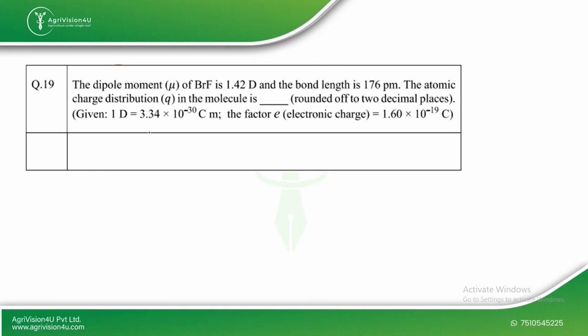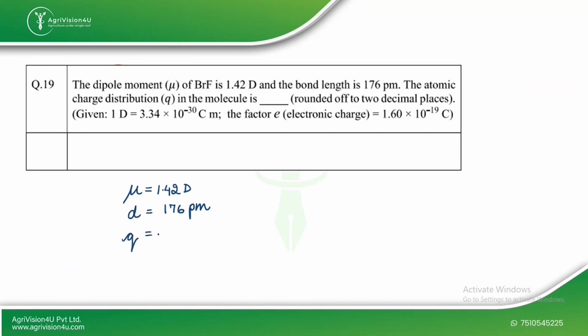The next question is the dipole moment of BrF2. The mu is given as 1.42 D. The bond length, that is the distance, is 176 picometer. The atomic charge distribution Q of the molecule is?